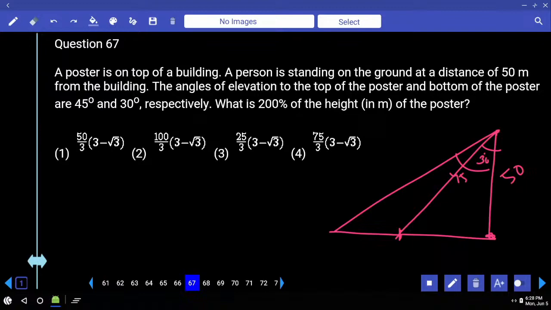Now if it is 30, this should be 60. If it is 45, this should be 45. Here he is asking for the height of the poster, isn't it? Height of the poster.